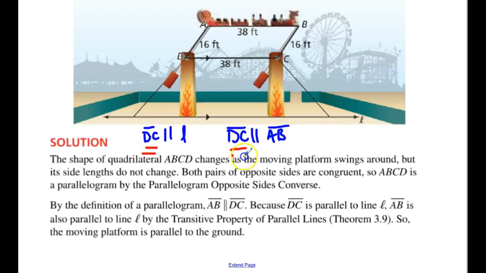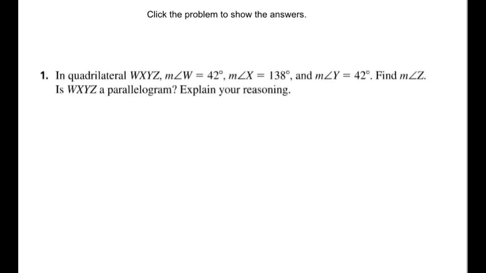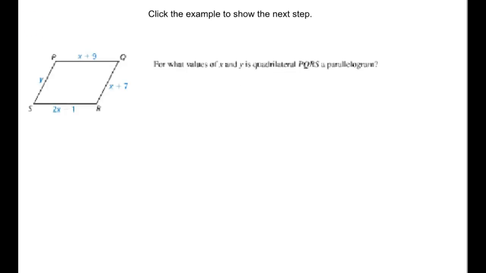My line segment DC is the same in both of these, so I can go ahead and get rid of that and use what's left. So I have line L and AB left, so I know that line L is going to be parallel to segment AB. Okay, so I used what I know and was able to get what I was unsure of from that. Okay, so here's your first monitoring progress. Try this and see how you do.